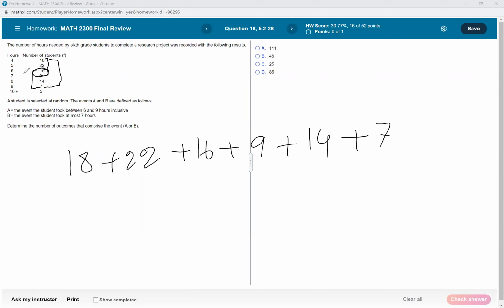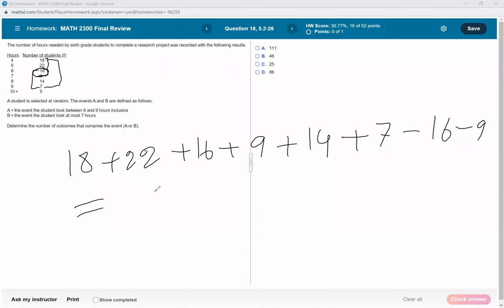Because when we counted the students who took at most 7 hours, we counted those who took 6 hours and 7 hours. And when we counted for event A, we also counted the students who took 6 hours and 7 hours. So that's why we need to subtract 16 and 9 once, because we counted them twice.